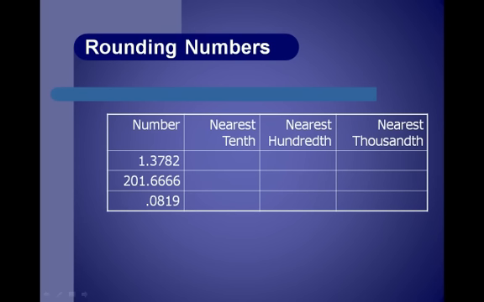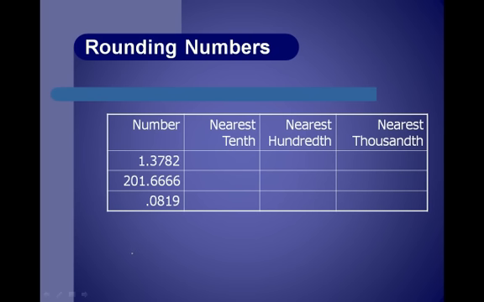To round a number, you mark the place value to which you're rounding. You look at the number to the right. If that number is 5 or more, you round up, which means you add 1 to the underlined place. Or if it's less than 5, then you round down, which means you don't change the underline.